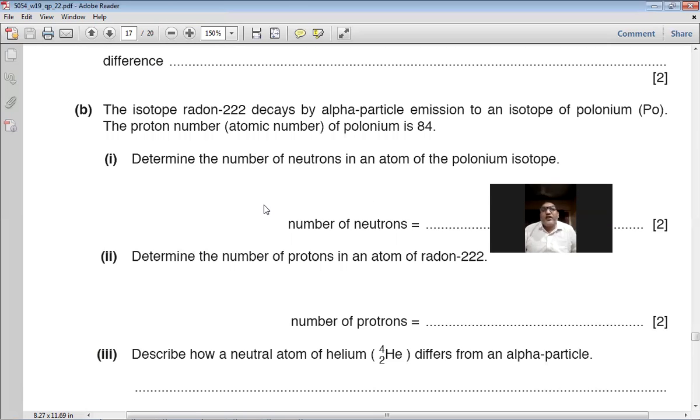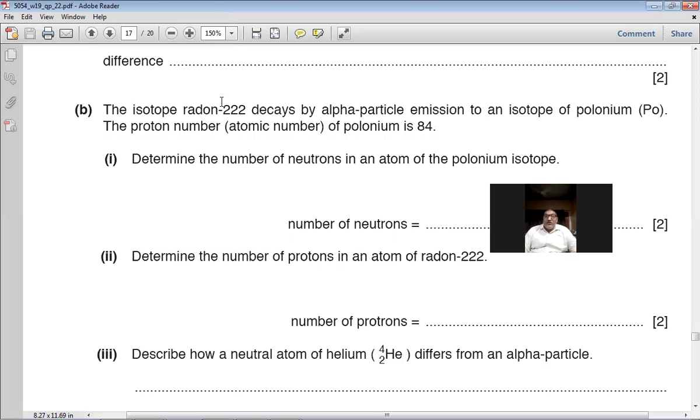The isotope radon 222 decays by alpha particle emission to an isotope of polonium, Po. The proton number, atomic number, of the polonium is 84. Determine the number of neutrons in an atom of the polonium isotope.